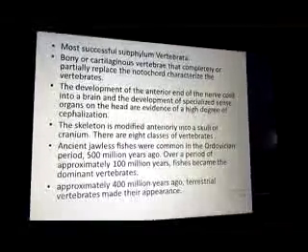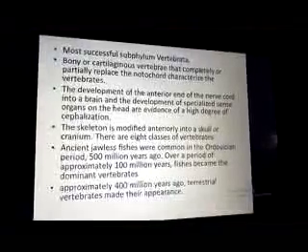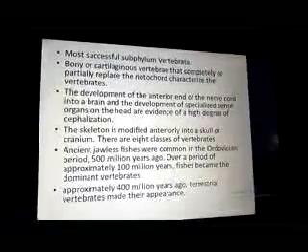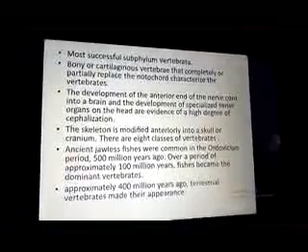So due to these characteristics, subphylum Vertebrata members become the most successful animals, most dominant animals on the earth.